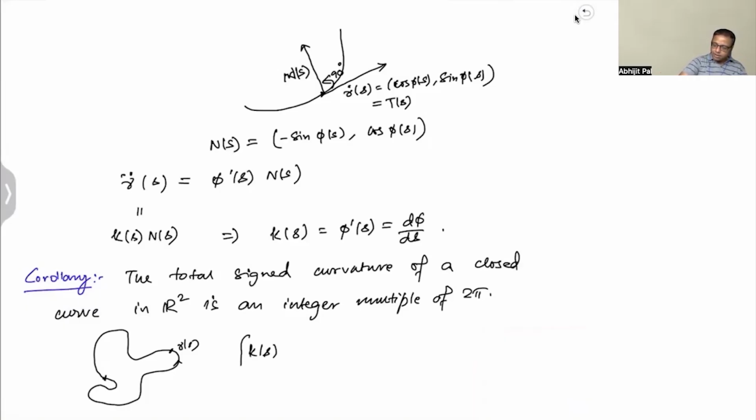If I integrate along this curve, the result will be equal to 2 pi n for some integer n. Okay, we will prove this in the next class. Thank you.